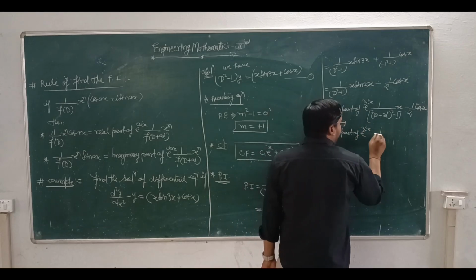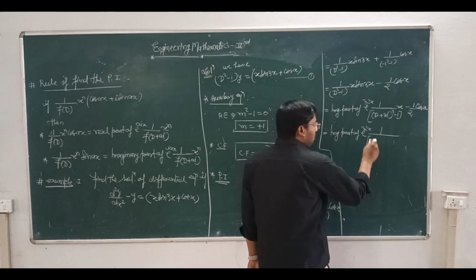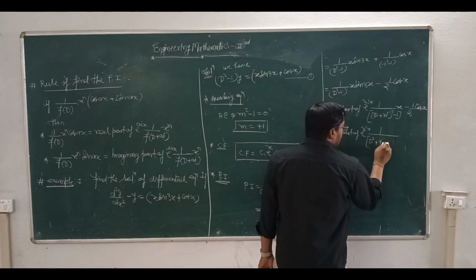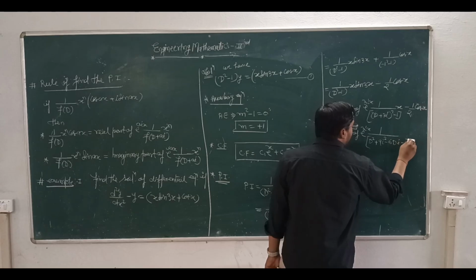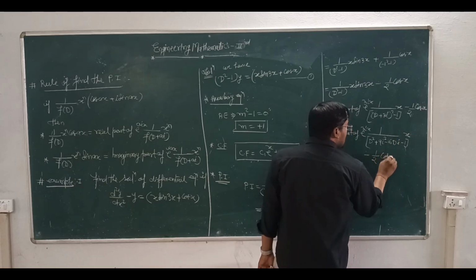Now simplify this value. Using (a plus b) to the power 2, you can write D square plus 9i square plus 6Di minus 1, x minus 1 upon 2 cos x.